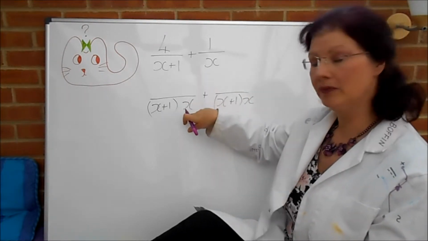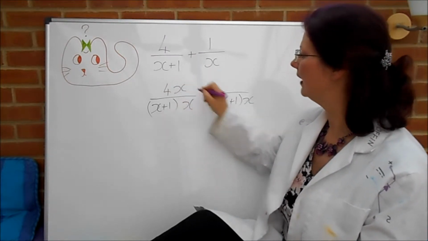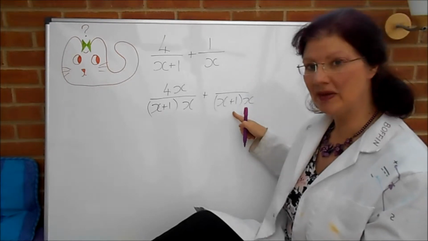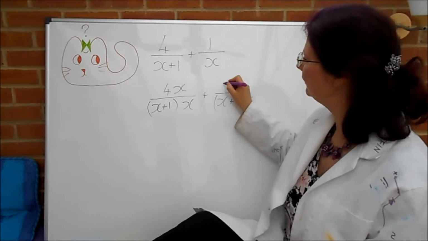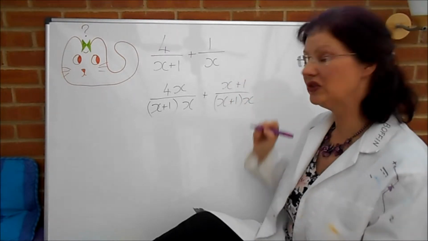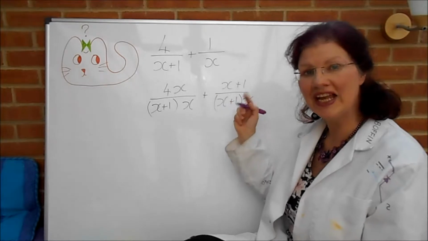The bottom here was multiplied by x, so the top gets multiplied by the same. And the bottom here was multiplied by the brackets, so we'll multiply the top by the same. But it's only multiplied by 1, so that is simply x plus 1 on the top. And then we've got the same denominator, so we can just add the tops.